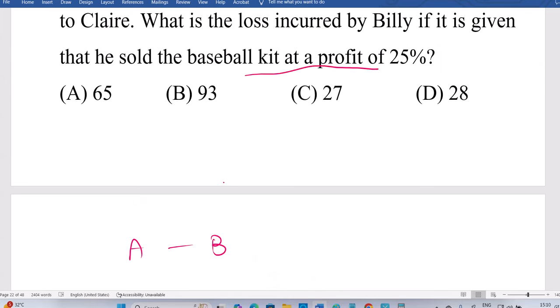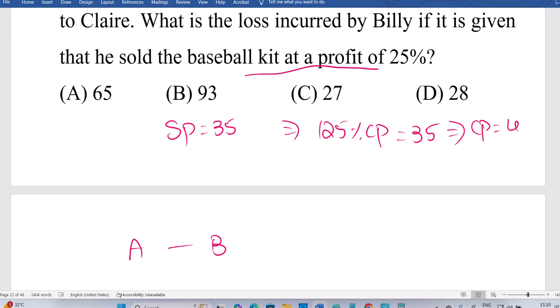Selling price is 35 at 125%, so 125% of cost price is equal to 35. 125% means 5 by 4, it goes to the other side as 4 by 5. 4 by 5 into 35 is 28 rupees. 28 is the cost price of that kit.